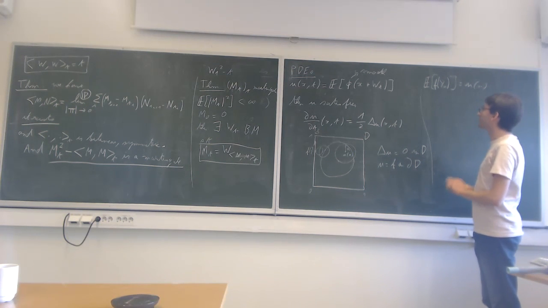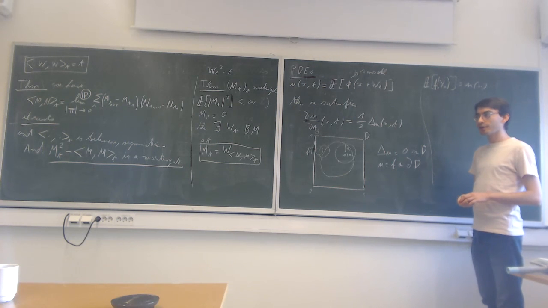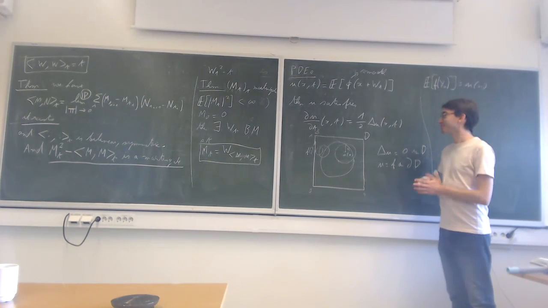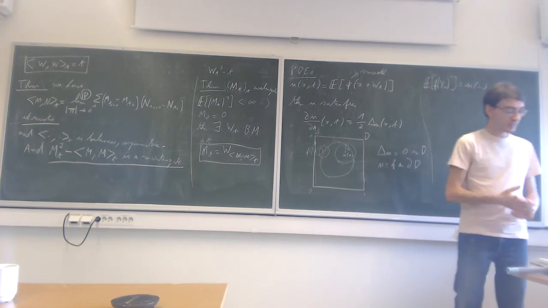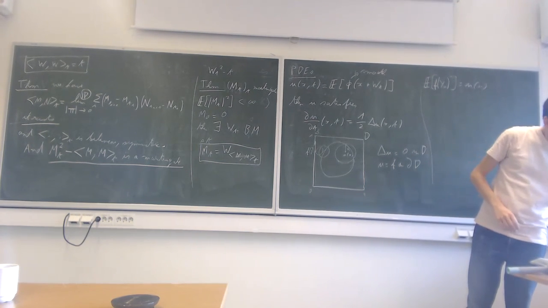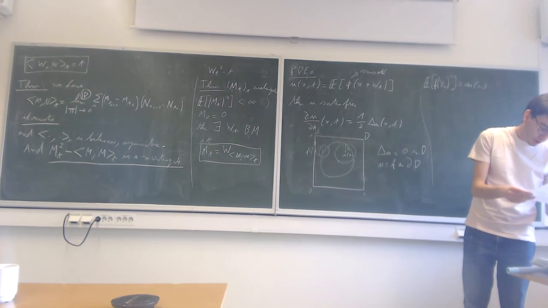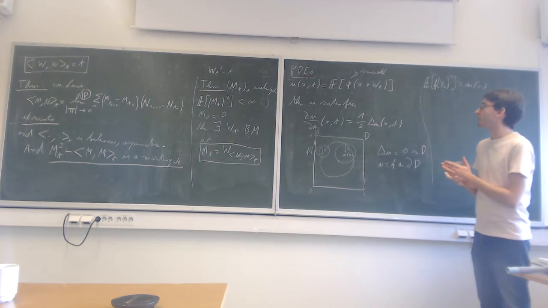And proving that this actually works uses exactly what we've done plus a few other things, not so much. So I think I can stop here. If you want more detail, we can talk about it. But that's the first project.